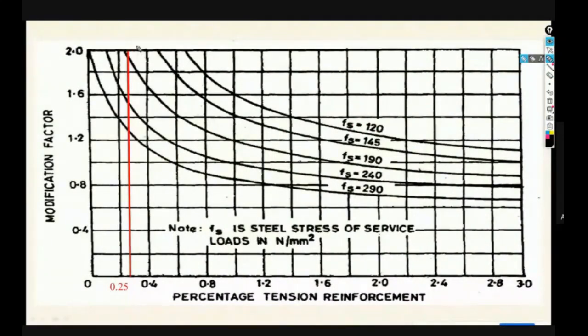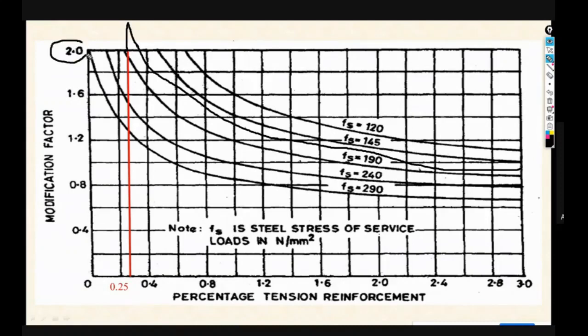Maybe this line is here, approximately consider this line, and percentage is 0.25. If you go with this 0.25, that 0.25 line will meet beyond the graph. Correct, this line will meet 0.25% beyond the graph.